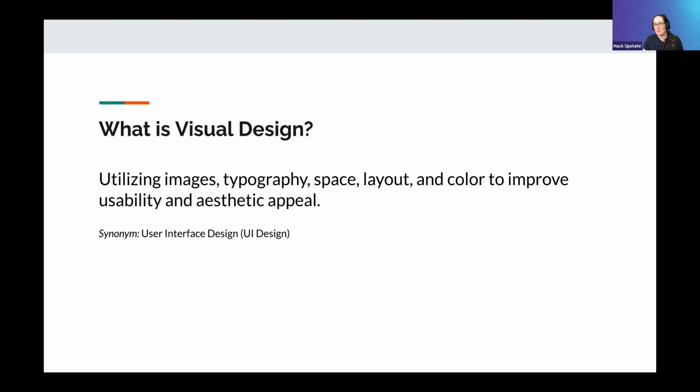And the stuff you can see is most often what people know about. So it's images, typography, which is really just words, and space and layout and color, all help improve how things get used and, frankly, how they look.